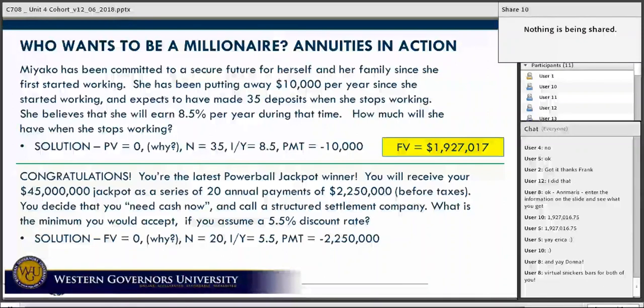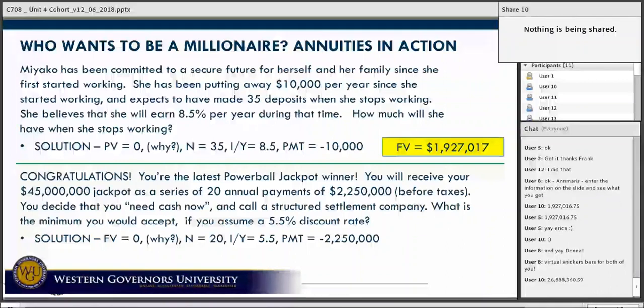What is the minimum amount you would accept to transfer your winnings to them if you assume a 5.5% discount rate? So understand, you're asking them to give you a bid of how much they would offer you lump sum right now, rather than you having to wait 20 years to get only $2.25 million a year, and you're using a 5.5% discount rate.